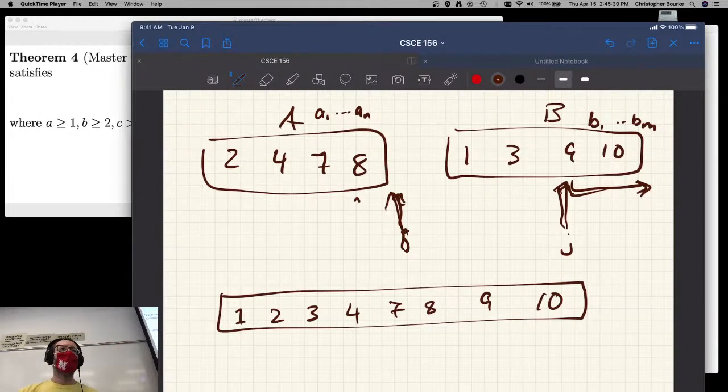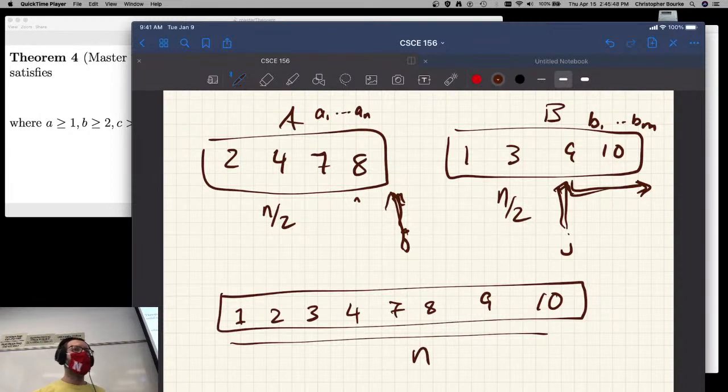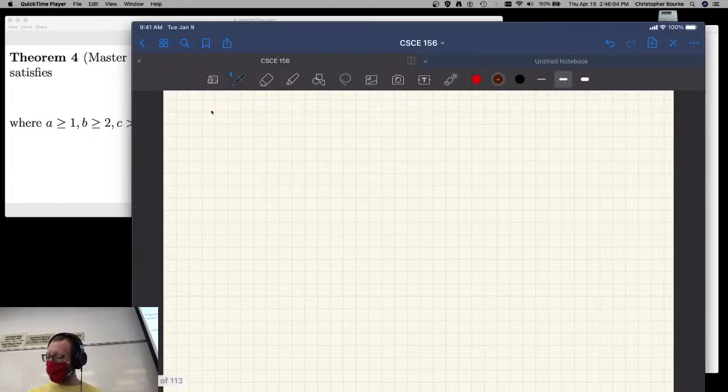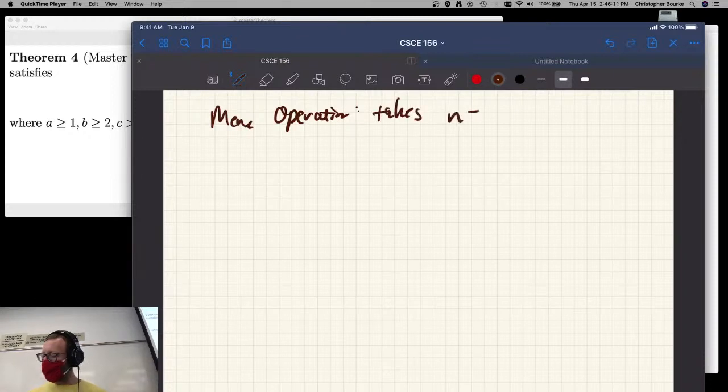How many comparisons did you make if there are, say, n divided by 2 elements over here and n divided by 2 elements over here, so that you have n elements in the resulting array? n, or thereabouts. n minus 1 technically, because you're going to have at least one last odd man out at the end. So the merge operation takes n minus 1 comparisons.